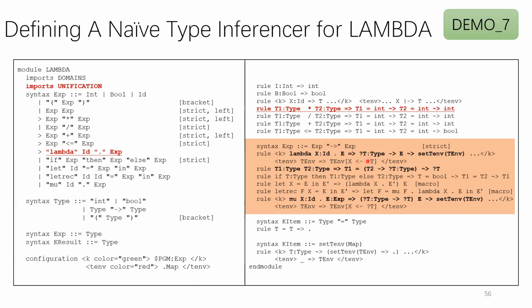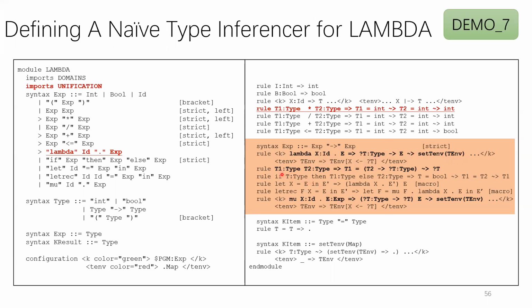It generates for the variable X a fresh type variable T, and assigns it to the typing environment. With this new typing information, we'll type E and set the environment back. It's a usual thing, but the only difference is that we can now ask K to generate a fresh variable and assign it to the binding variable X here.